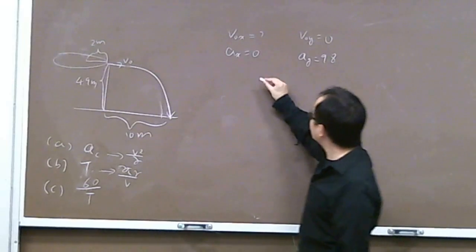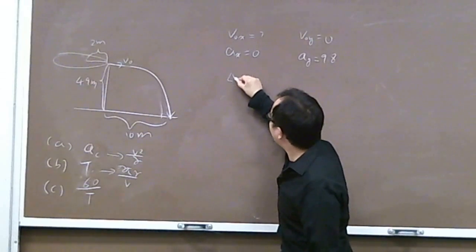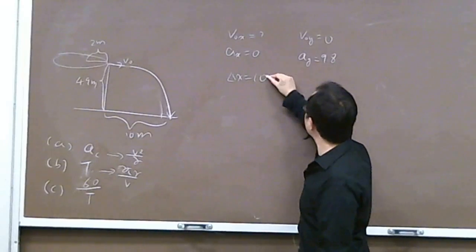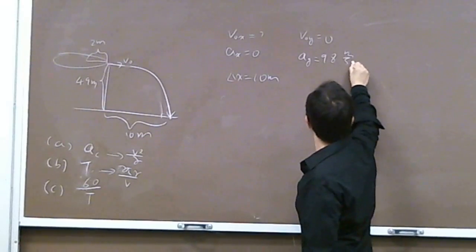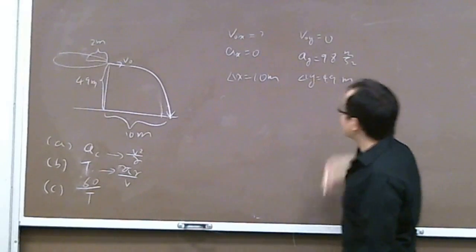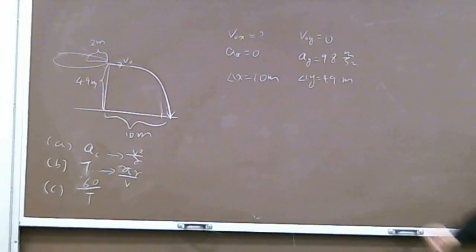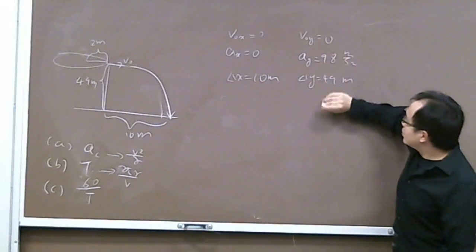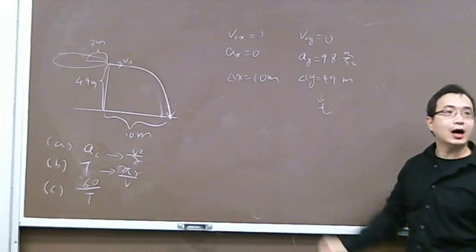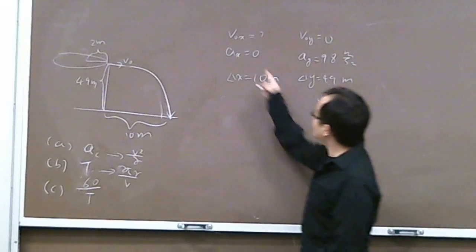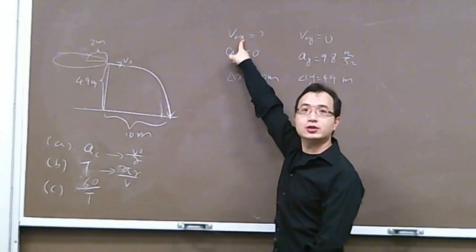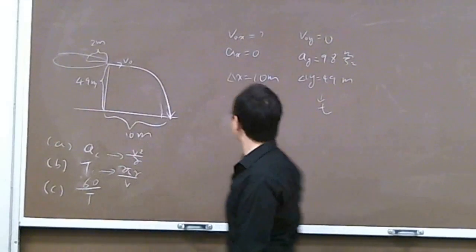And then delta x equals 10 meters, and delta y equals 4.9 meters. So of course you can see what you are going to do. You look at the y direction and calculate the traveling time t, and put t here to get the initial velocity, right? And then you can calculate these.